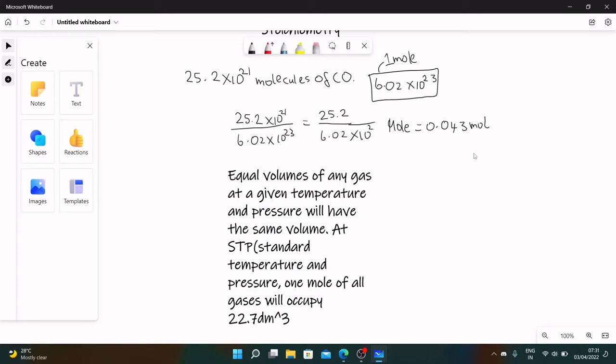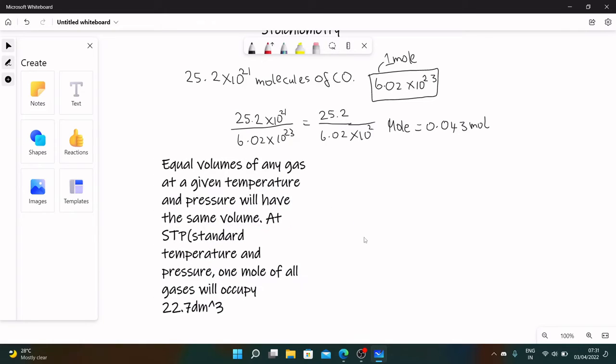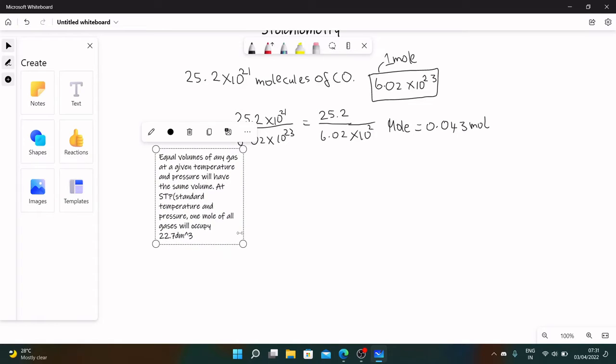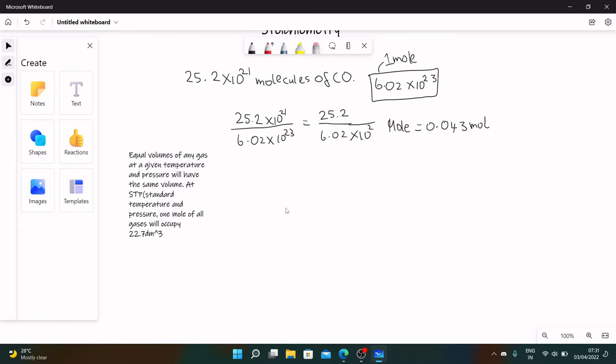This is very important when it comes to gases because our formula is going to be based on this. Just keep this here. With this information, we can construct a formula.